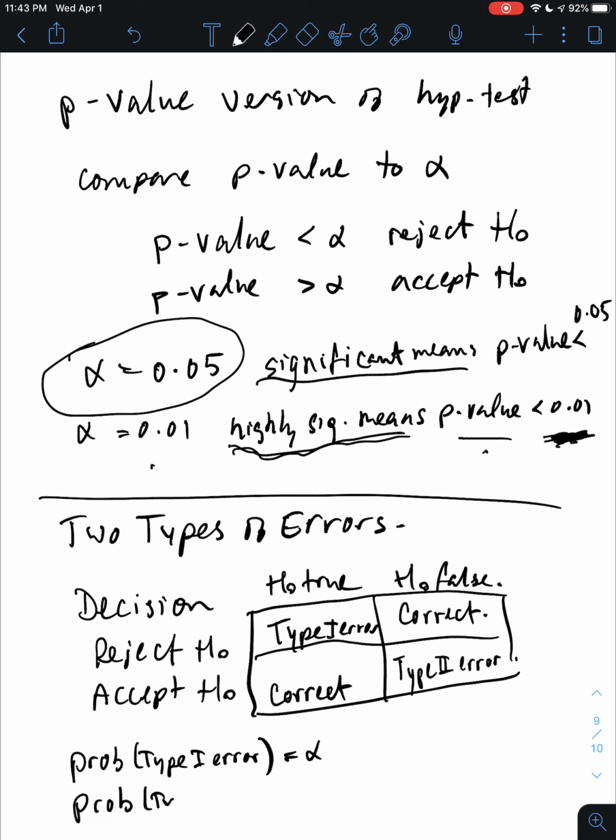There's a symbol for the probability of a type 2 error, and that is beta. Now, unfortunately, beta is actually really hard for us to calculate, so I'm just going to avoid getting into this.